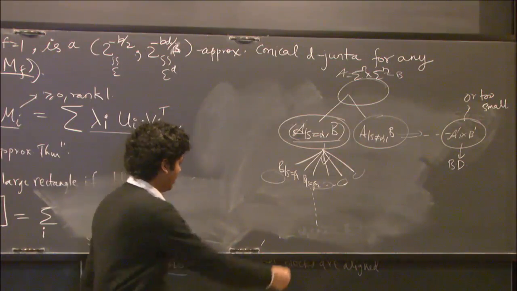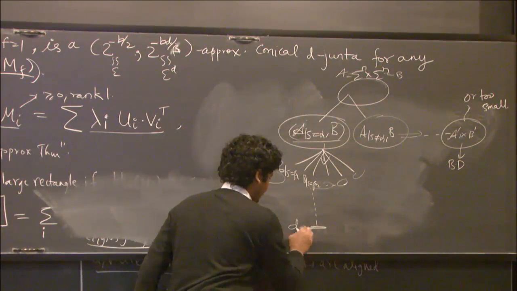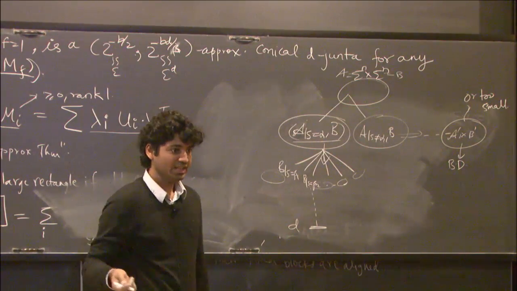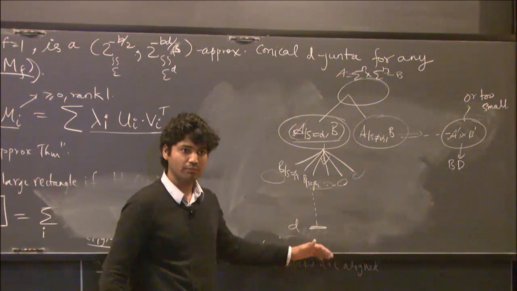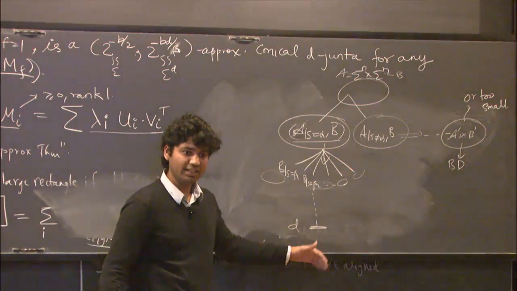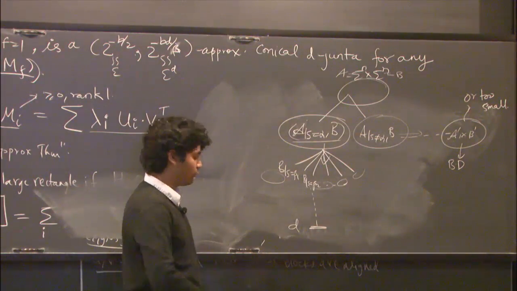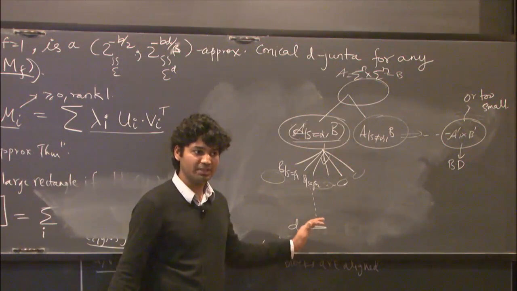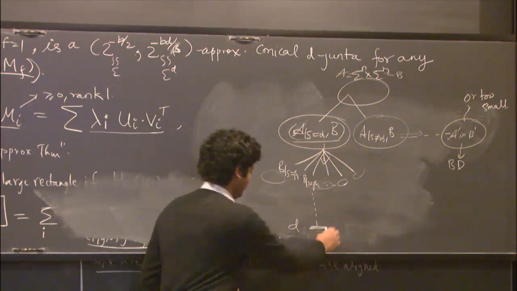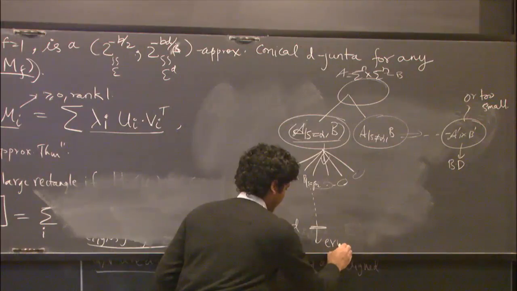At some point I will hit depth D, which was my target. At this point, if there is some rectangle which is not blockwise dense already on the unfixed parts, then I'm going to declare it as some other kind of error. I'm not going to go deeper than the depth D that I have targeted myself.